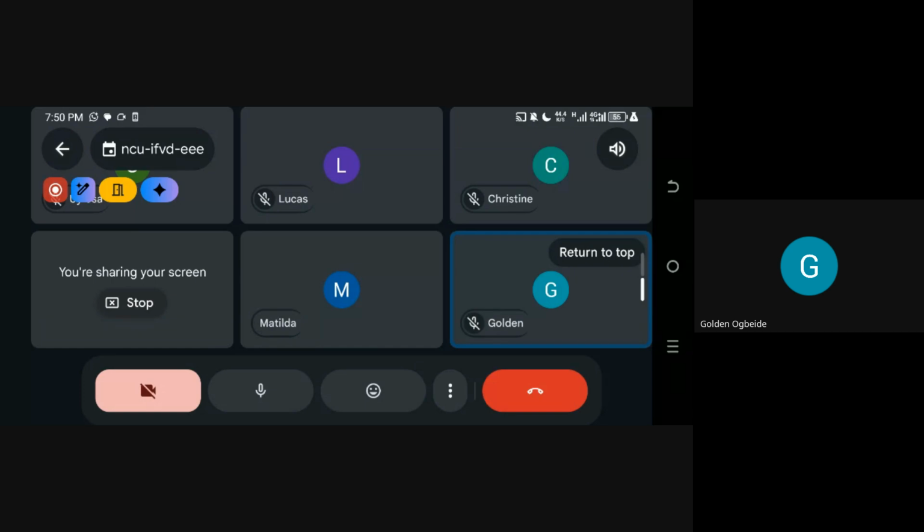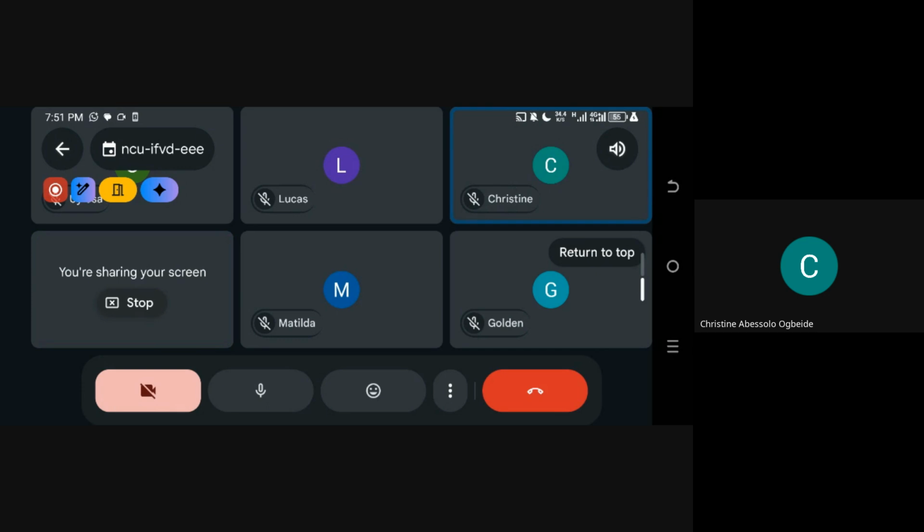Matilda. Yes, sir. A. Let's use root 6 to rationalize, right? Yes, sir. Okay. Christine. A or B? B. We have 2B.